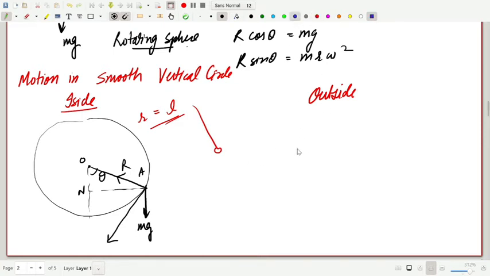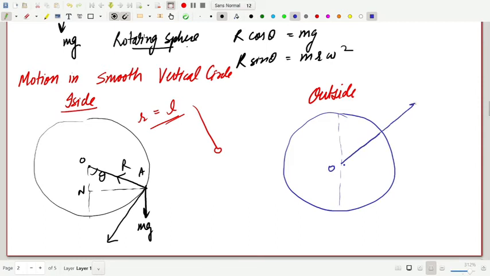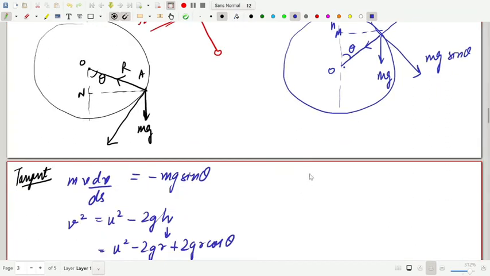Now, motion outside a smooth vertical circle, diagram. O, reaction R, mg sin theta, mg, theta is this. This is height h. Now v square is equal to 2gh.